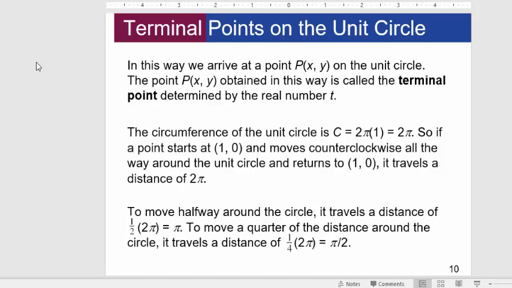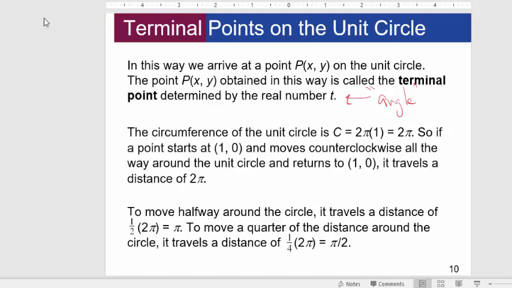So the easier way to think about this is t is really the angle, right? Yes, it's the distance along the circumference of the unit circle, but you really want to think of t as being the angle. So any angle will give you a point on the unit circle.